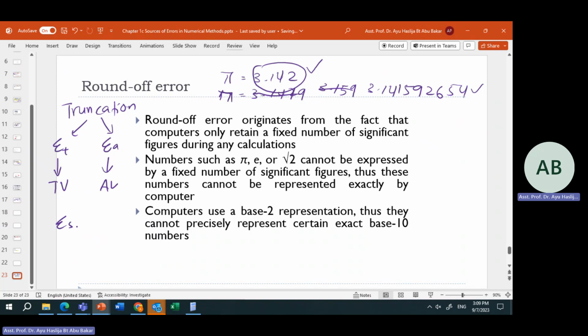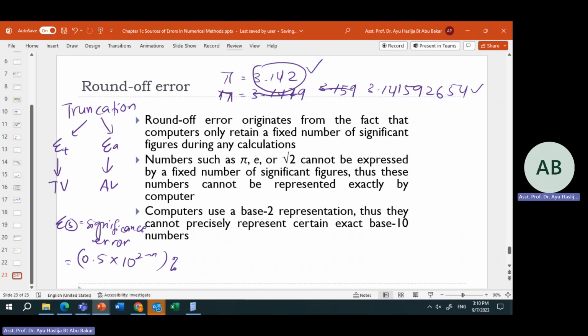What is ES? ES, significance error. S stands for significant error. Where you have the equation 0.5 multiplied by 10 to the power of 2 minus n. This is the stopping criterion.